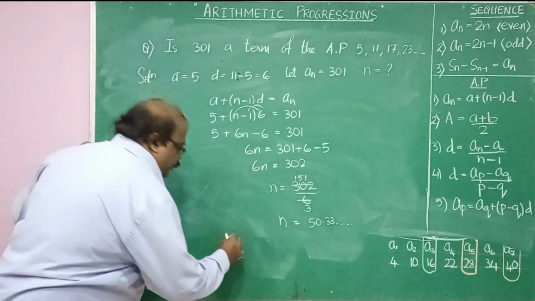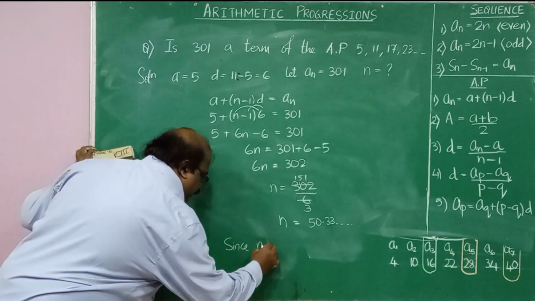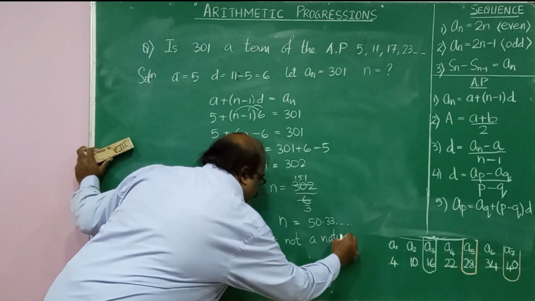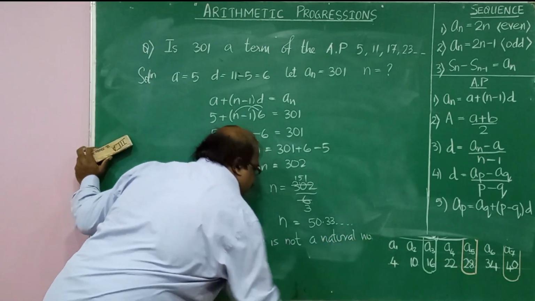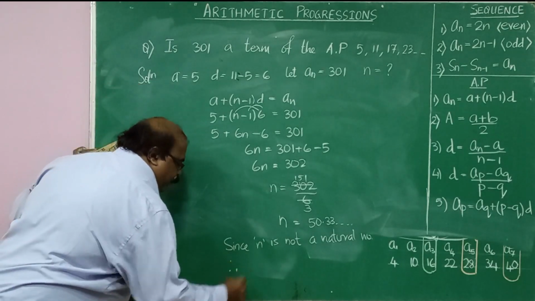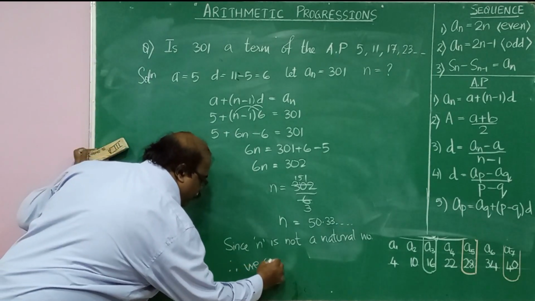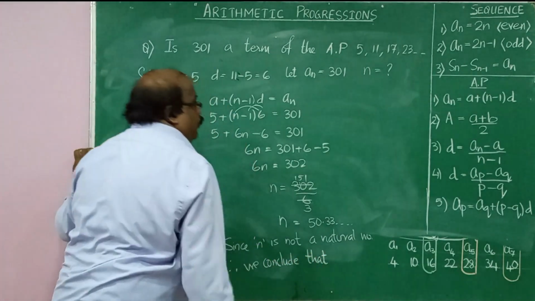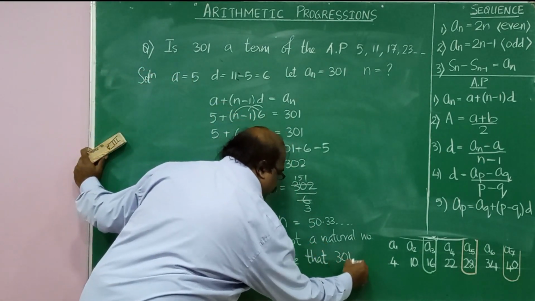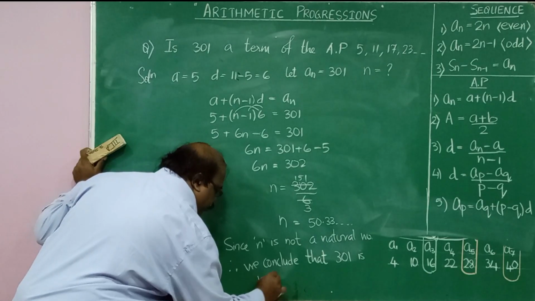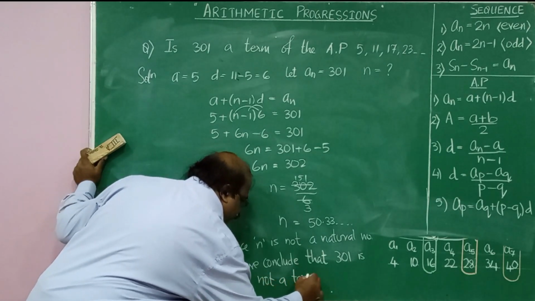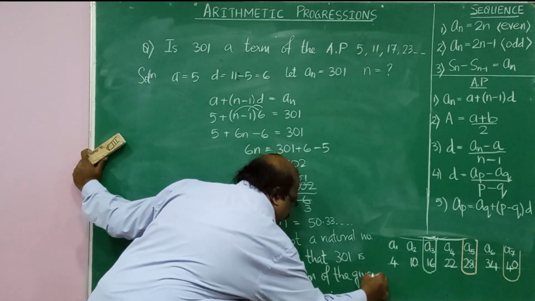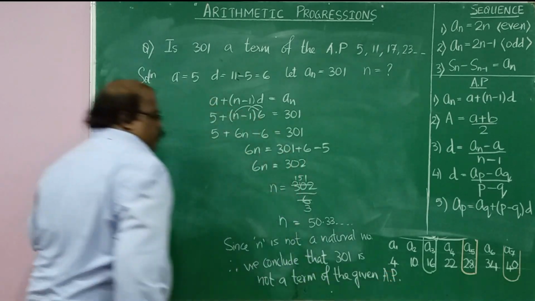What will be my answer? How will I end it up? Since n is not a natural number, therefore we conclude that 301 is not a term of the given arithmetic progression.